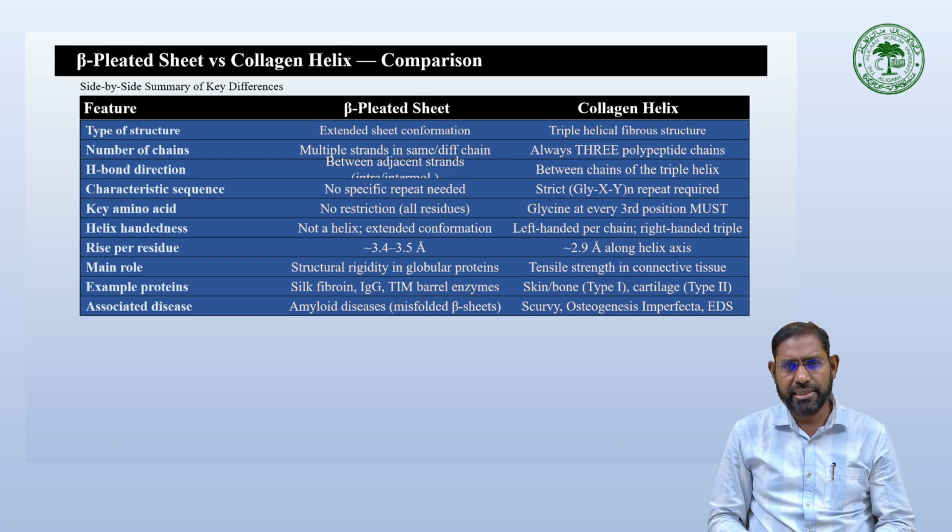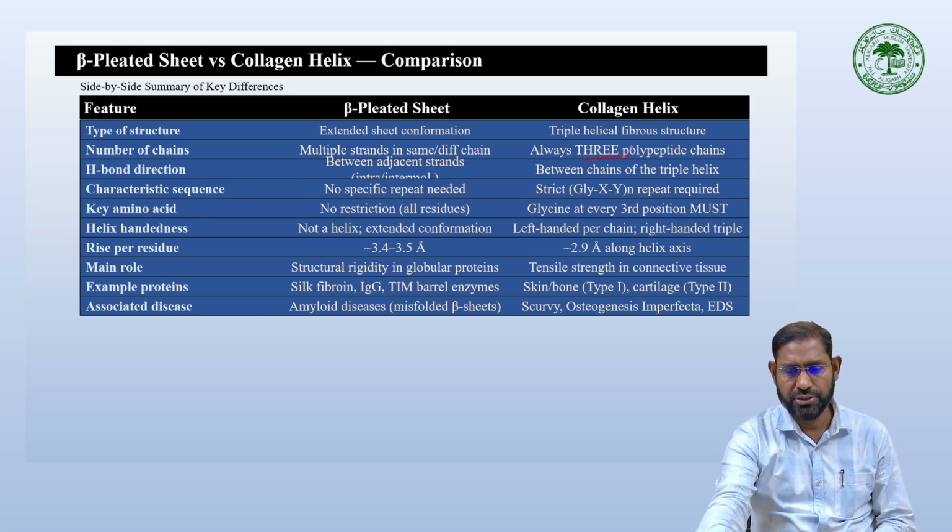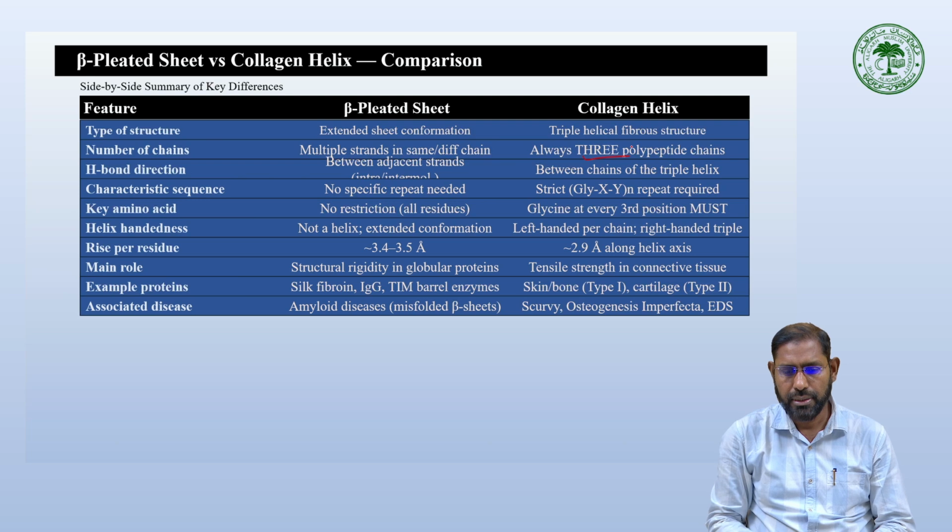Beta pleated sheet is an extended sheet formation, very extended, and collagen helix is a triple helical fibrous structure. Number of chains: multiple strands in the same or different chains, and collagen is always 3 polypeptide chains. H-bonds are between adjacent strands in beta sheet, and between chains of the triple helix in the case of collagen.